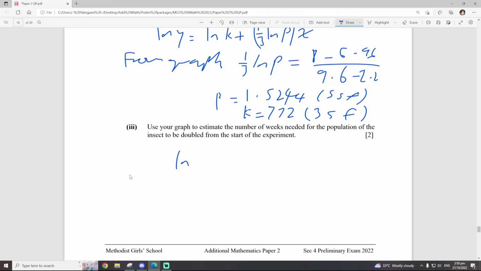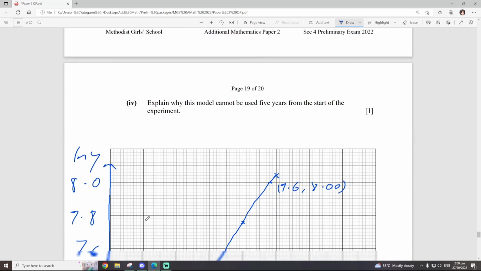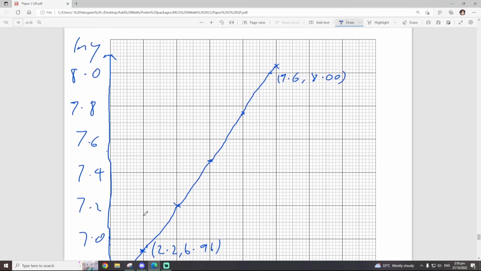Then you take ln of this, you will get 7.34. So draw the line y equals 7.34 on the graph, so that will be here. And our estimate tells us this is 5.2.